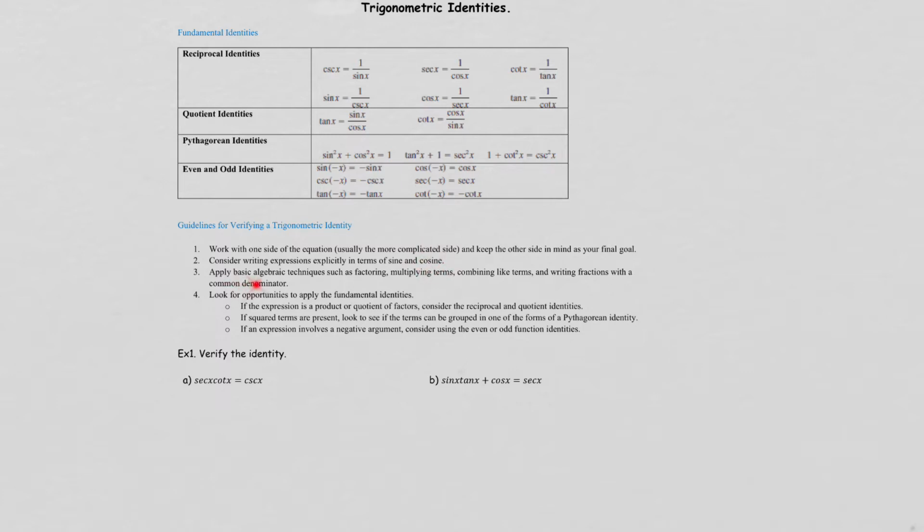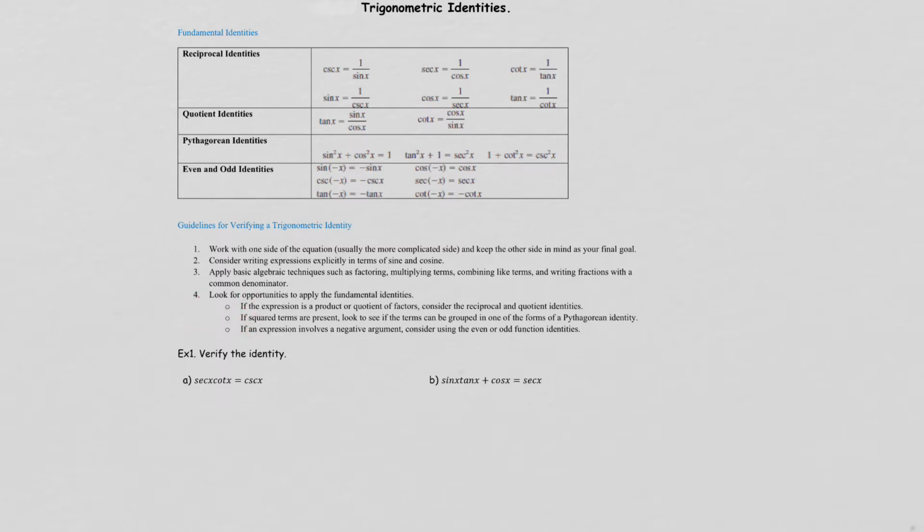Once you change all the terms into sine and cosine, you're going to apply basic algebraic techniques like factoring, multiplying, combining like terms, or writing fractions with the common denominator when they're asking to do addition or subtraction, right? And so on.